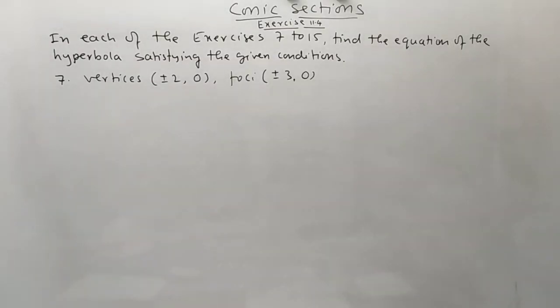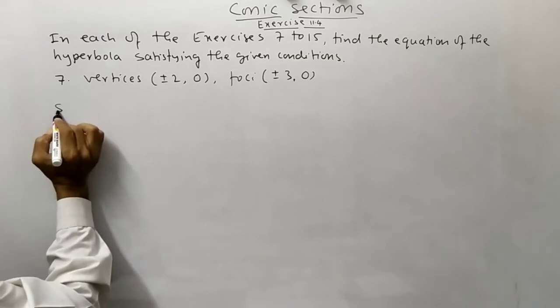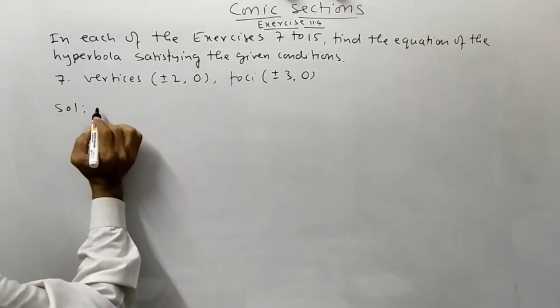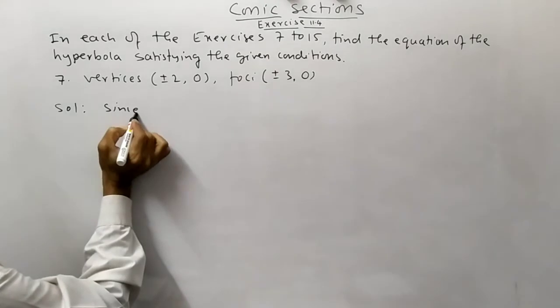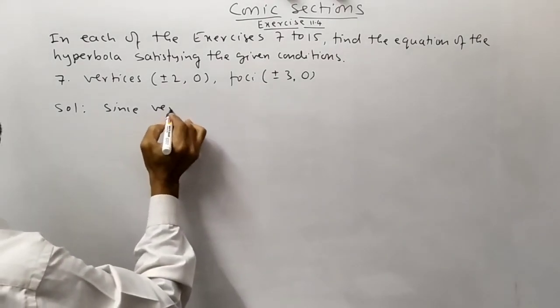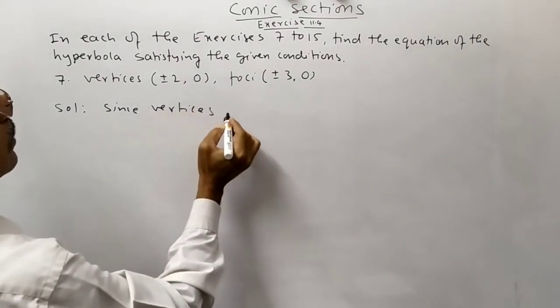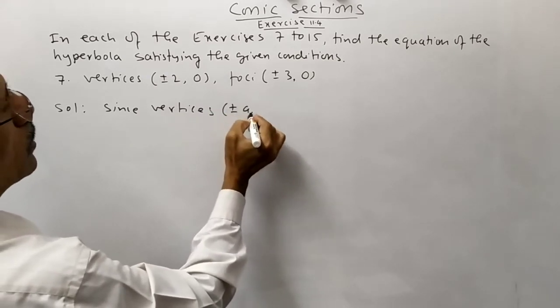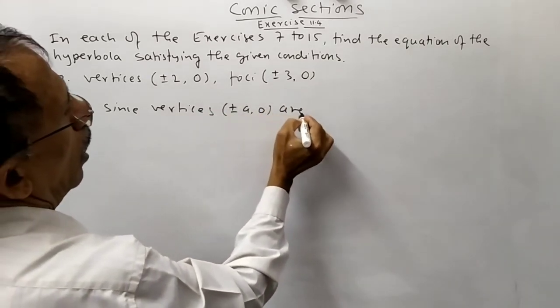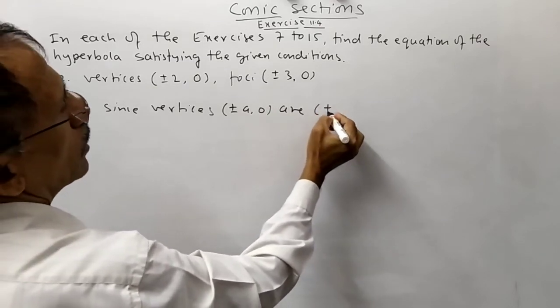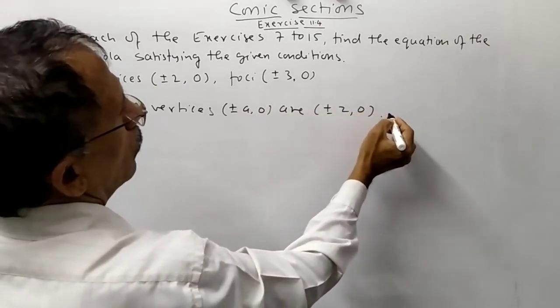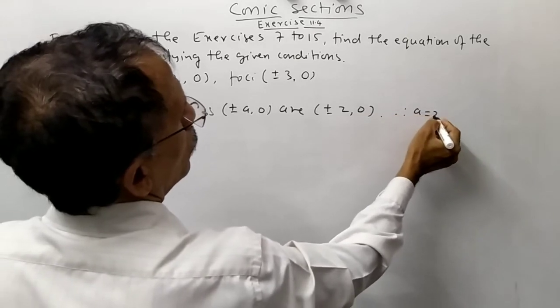Seventh question. Coordinates of vertices are plus or minus 2 comma 0. Coordinates of foci are plus or minus 3 comma 0. Solution. Since vertices plus or minus a comma 0 are plus or minus 2 comma 0, therefore a is equal to 2.